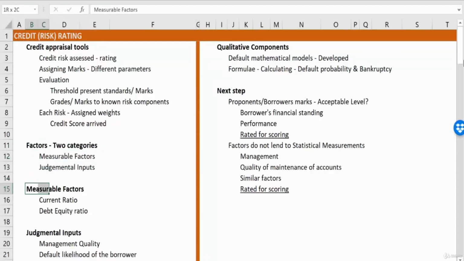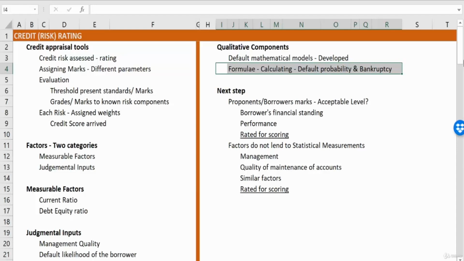Measurable factors are those which can be quantitatively measured, say something like current ratio, debt equity ratio, whereas judgmental inputs are those factors which are qualitative or subjective in nature, like management quality or default likelihood of the borrower. But nowadays, even for qualitative components, mathematical models have been developed. There are even formulas for calculating the default probability and bankruptcy as well.